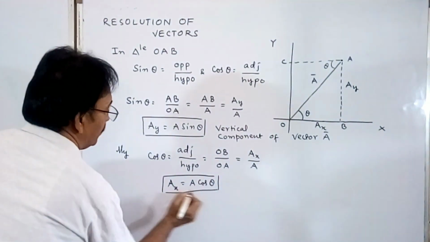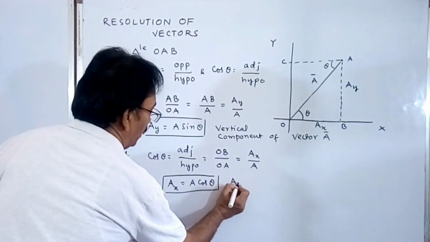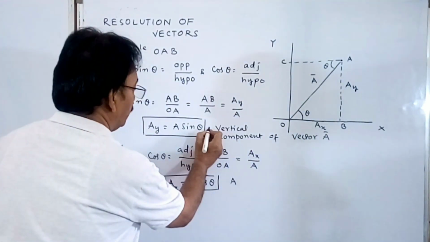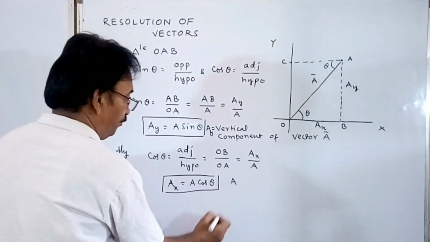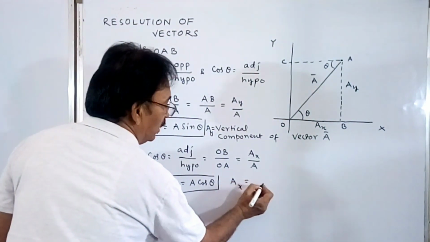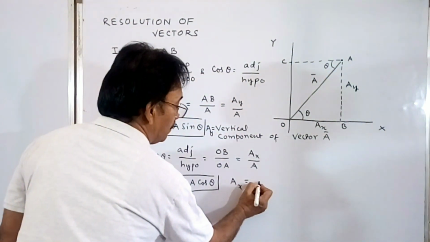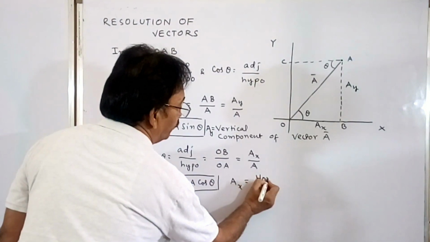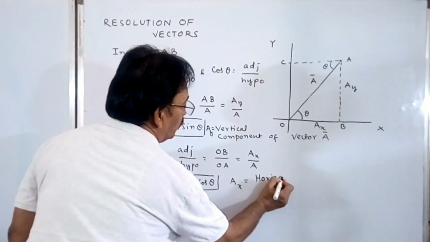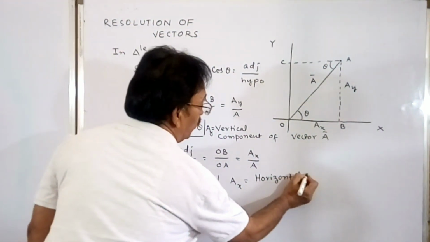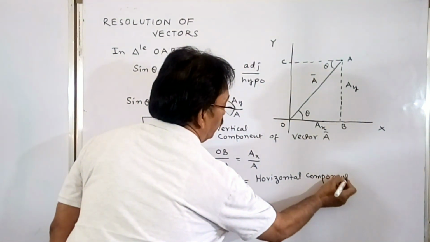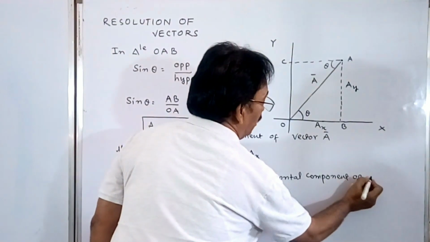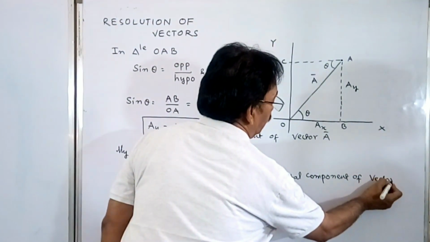Here Ay is the vertical component of vector A, where Ax is the horizontal component of vector A.